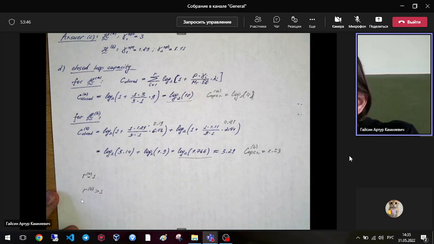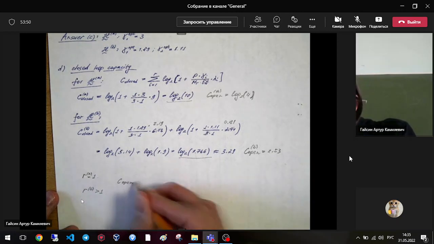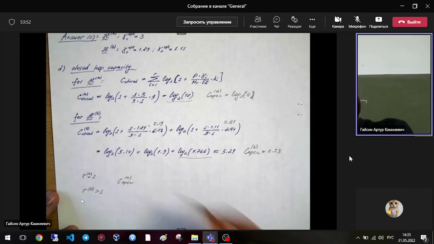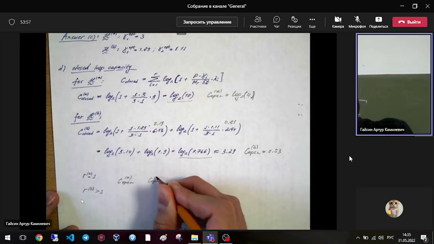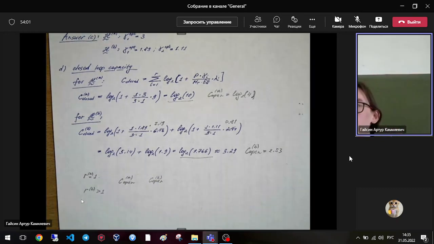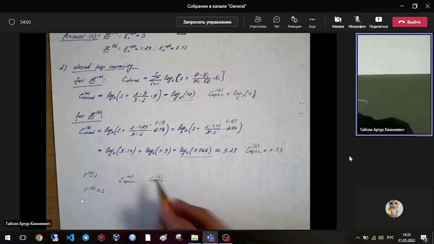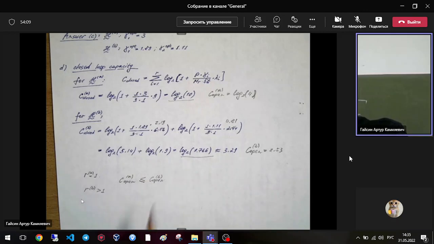So two cases. And if we compare, for example, open loop A and open loop B, it is better to have more eigenvalues. So we can say that C open of B is bigger or equal to C open of A.